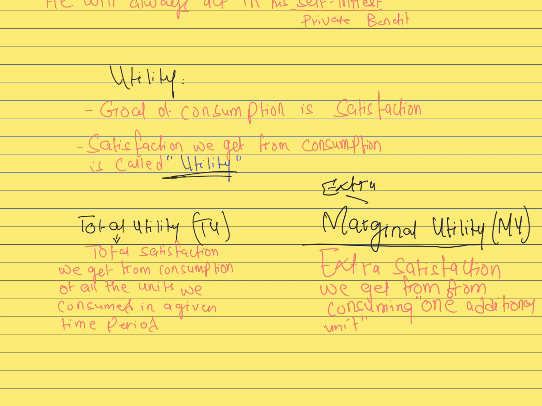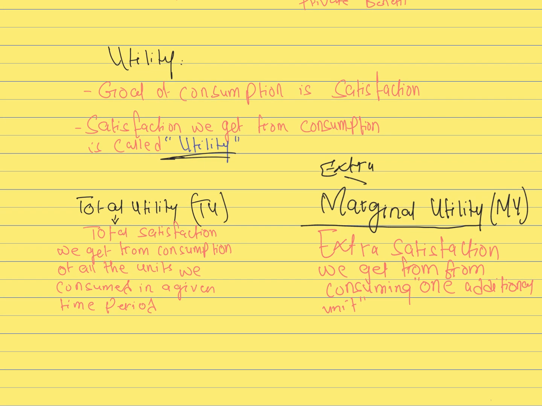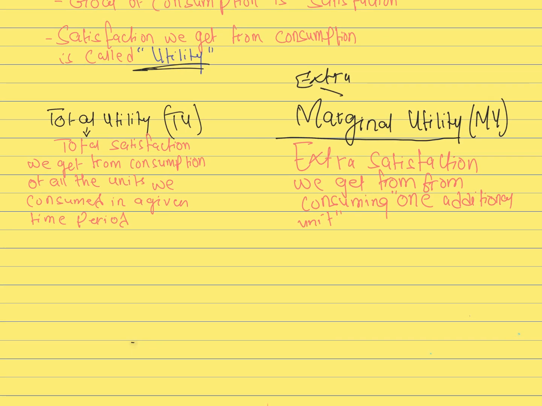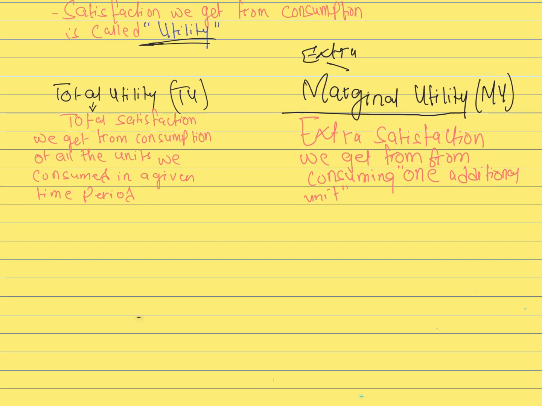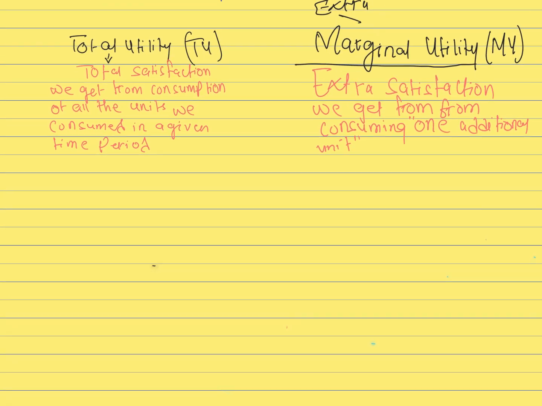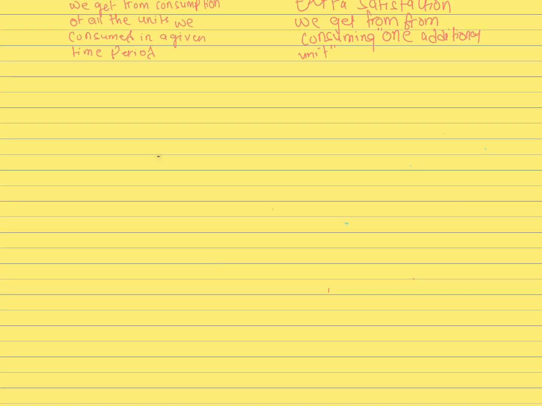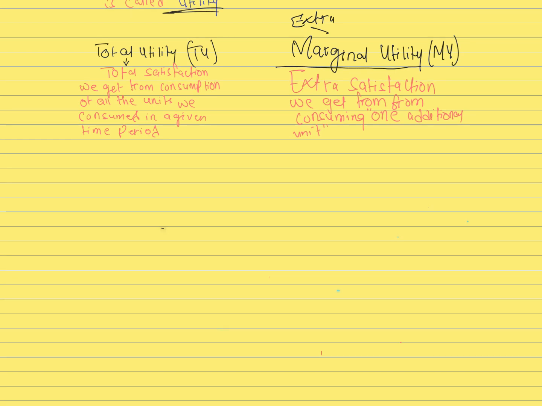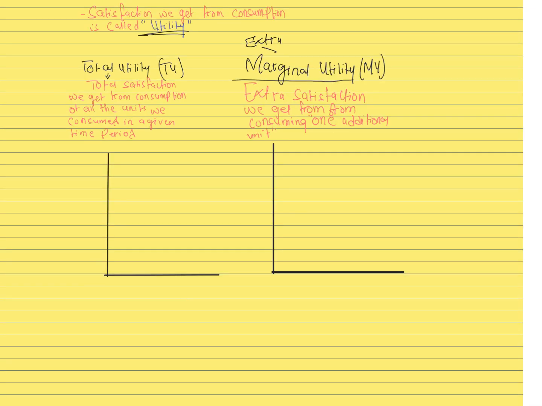Okay, so to understand both of these concepts better, let's look at the graphical representation of each one of them. Let me draw a graph. Okay, so I have drawn these two graphs side by side to help us understand the concepts of total utility and marginal utility in a better way.